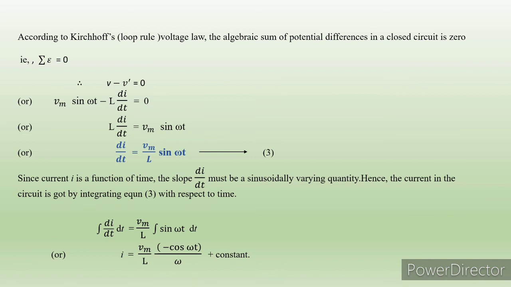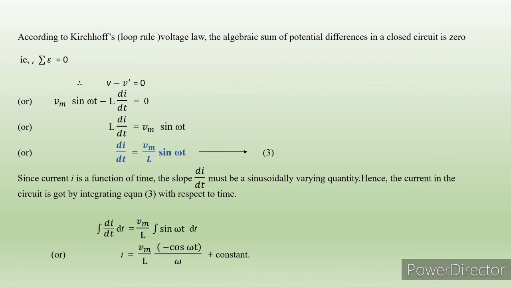This is equation 3. Since current I is a function of time, the slope di by dt must be a sinusoidally varying quantity. Hence, the current in the circuit is got by integrating equation 3 with respect to time. Therefore, integral di by dt of dt equal to Vm by L into integral sin omega t dt.